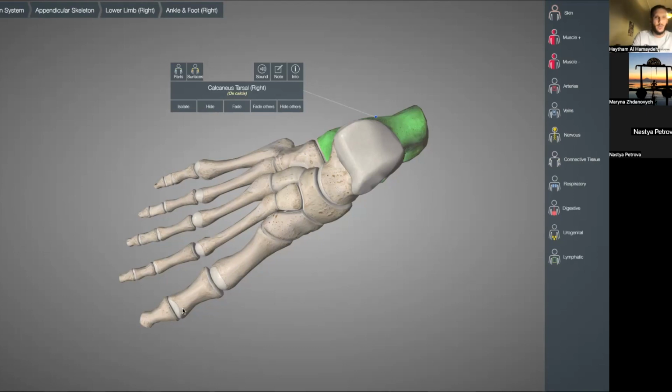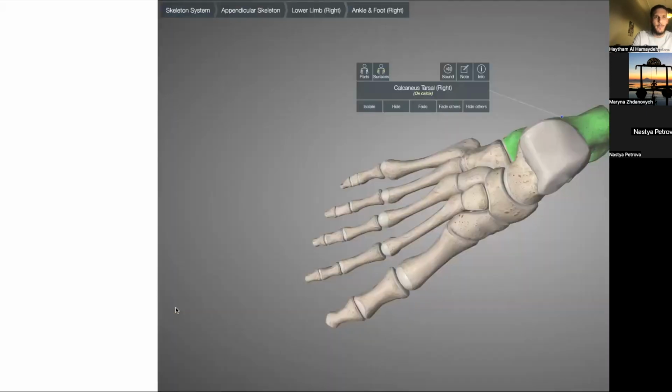And finally, we have what was this called? Was it called interphalangeal? Let's see. Interphalangeal. That's a very good question.